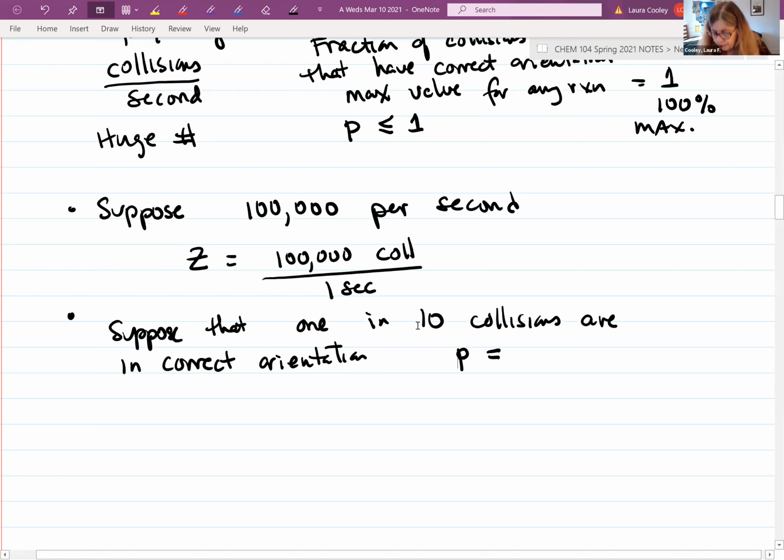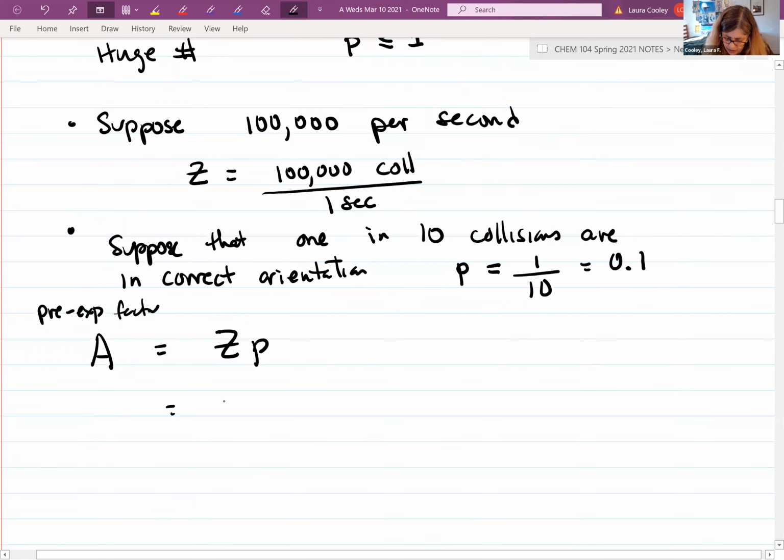Point 0.1, good. So 1 in 10, that's P, that's 0.1. Now if I take this A, this pre-exponential factor, it's equal to ZP. So that's 100.